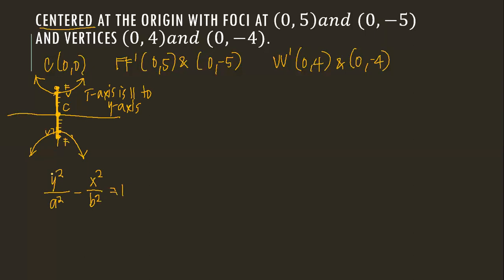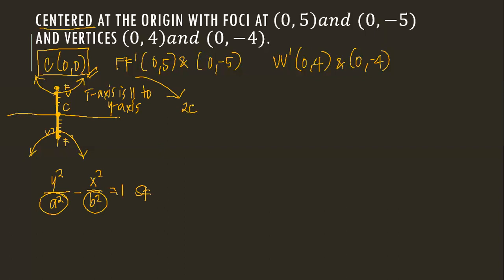Why is it y squared and x squared? Because the center is at (0, 0), so this is our standard form. Our task is to find a squared and b squared. From the given F prime, this is what we call 2c.